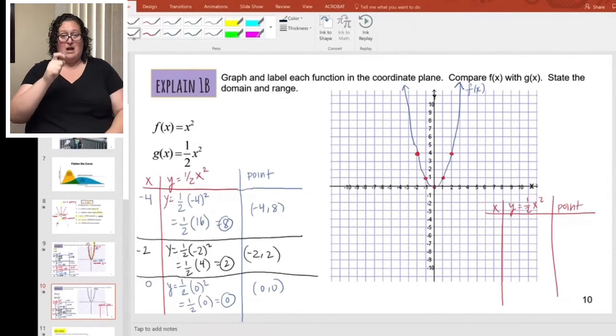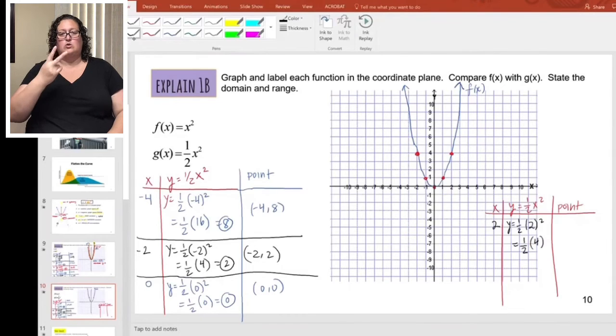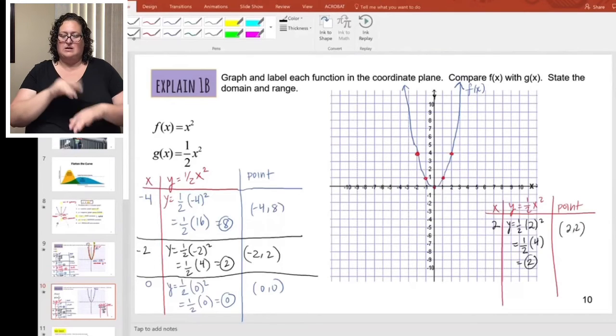When x equals 2, remember multiples of 2, y equals 1/2 times 2 squared. That's 1/2 times 4, and half of 4 is 2. Put a circle around that. Our next point's at 2, 2.